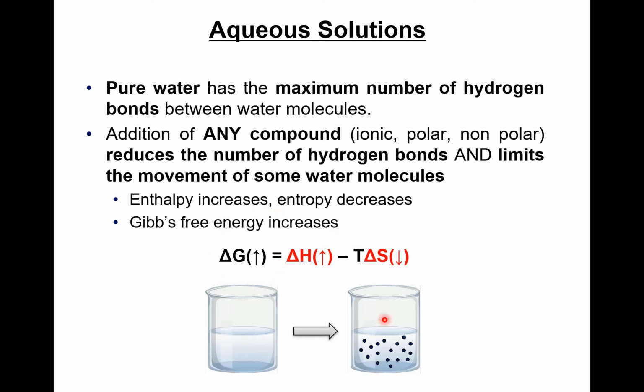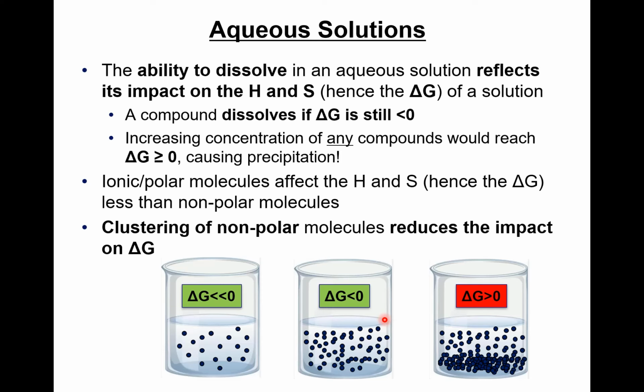Which leads to the next thing I'm going to discuss here: ultimately, the ability of any compound to dissolve in an aqueous solution is a reflection of how much the compound impacts the enthalpy, the entropy, and therefore the delta G of that solution.